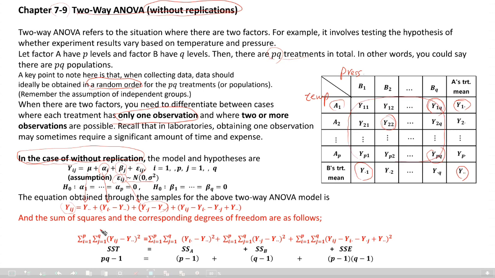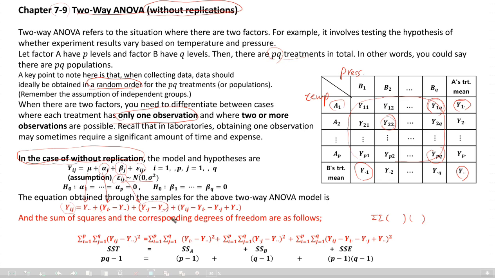And the same process is applied here. Move y dot dot to the left, and square all terms, and sum up i from 1 to p, j from 1 to q. The cross product terms here, like this. How many? 1, 2, 3.